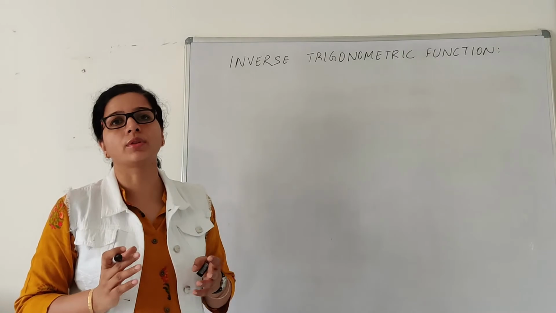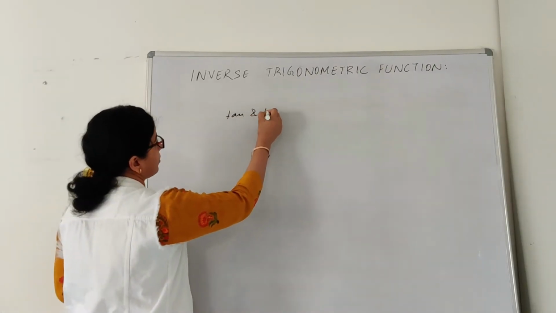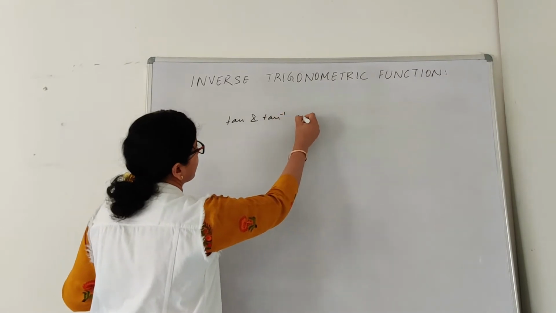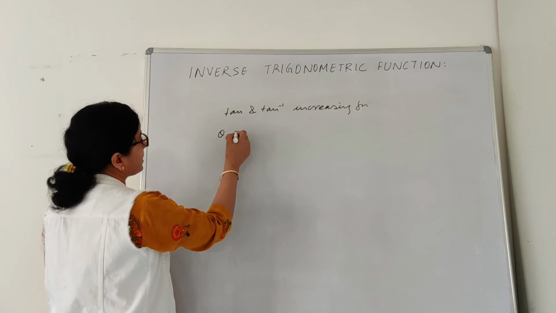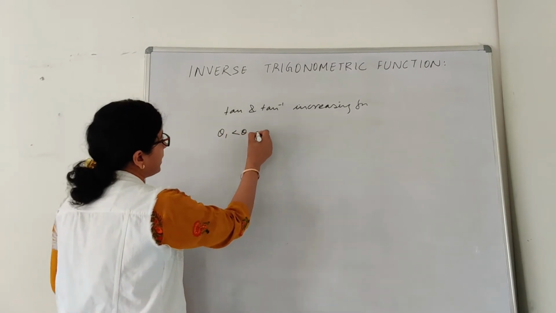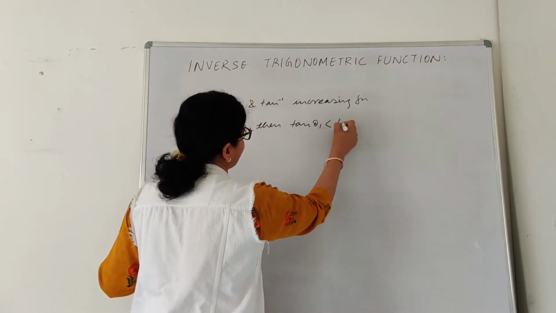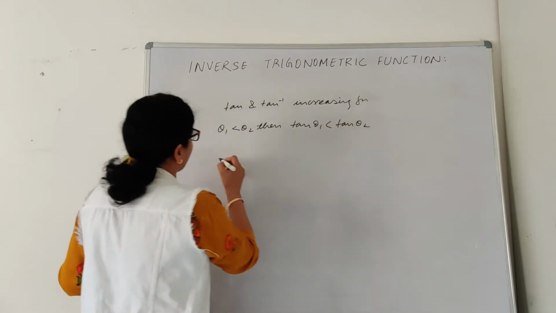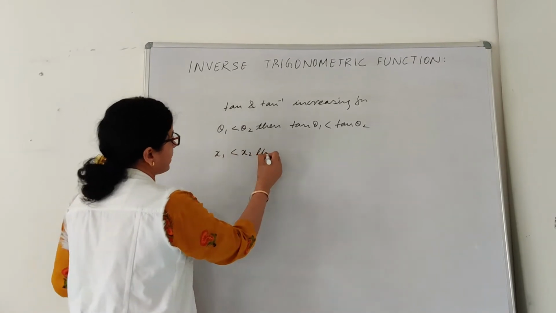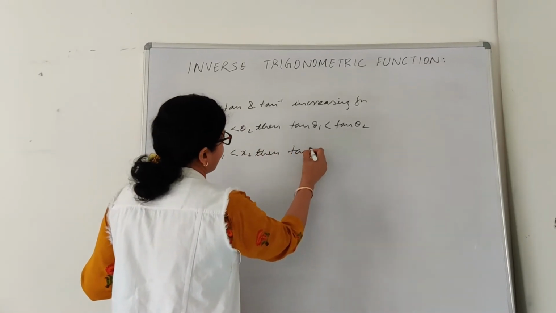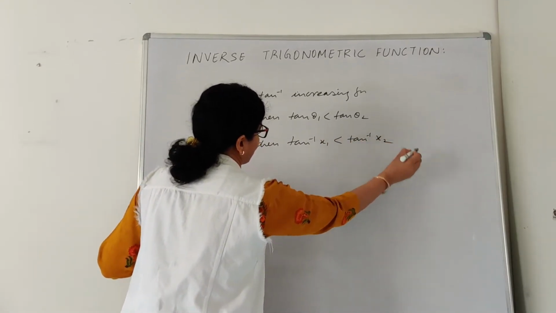Now remarks about the inverse functions. Both my tan and tan inverse are increasing functions. So if theta 1 is less than theta 2, then tan theta 1 is less than tan theta 2. And if x1 is less than x2, then tan inverse x1 is less than tan inverse x2.